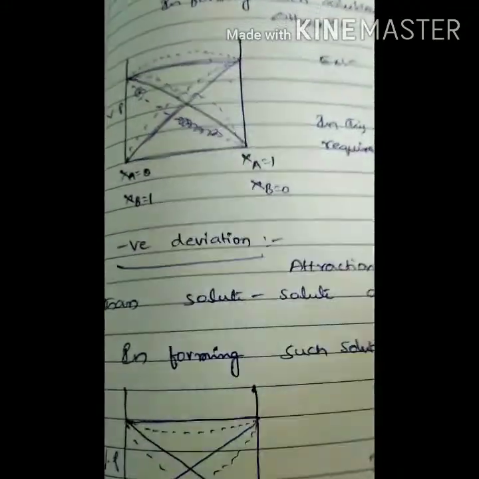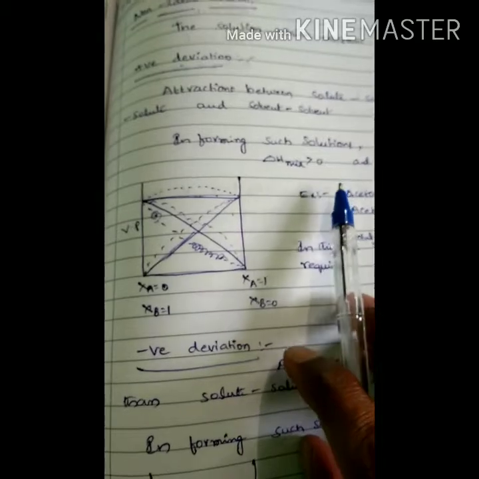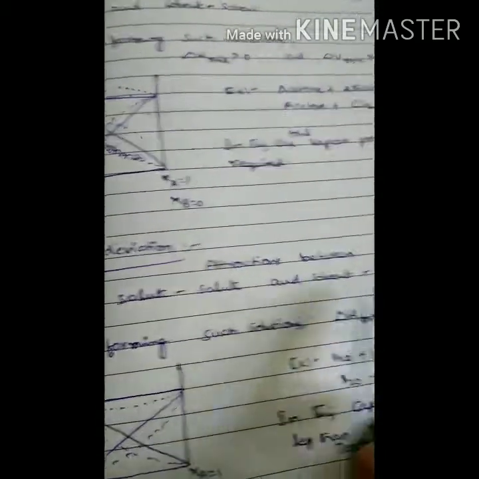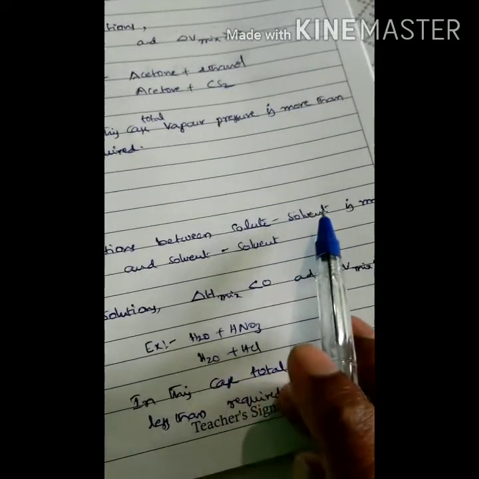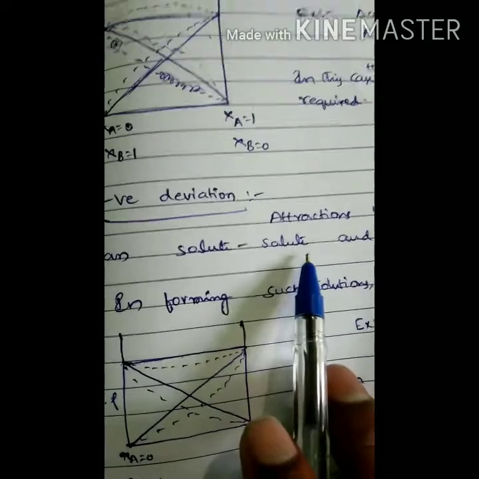And one more thing, that is negative deviation. This is exactly the opposite of positive deviation. Negative deviation means the attractions between solute and solvent are more than those between solute and solute or solvent and solvent.